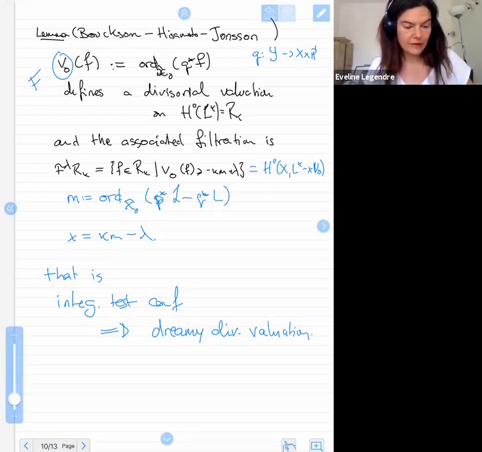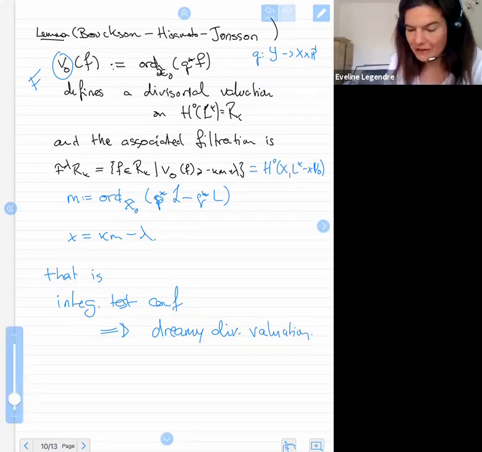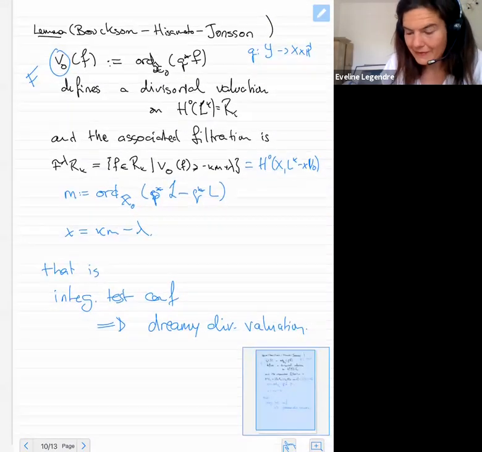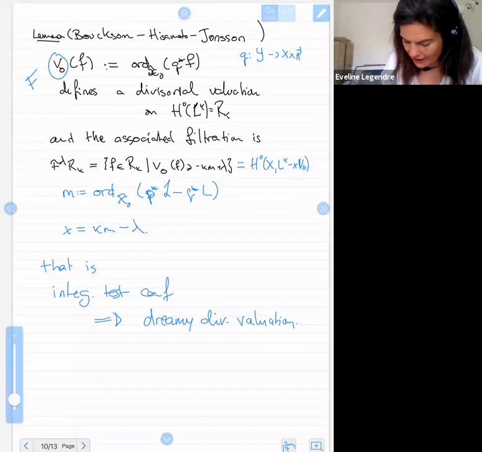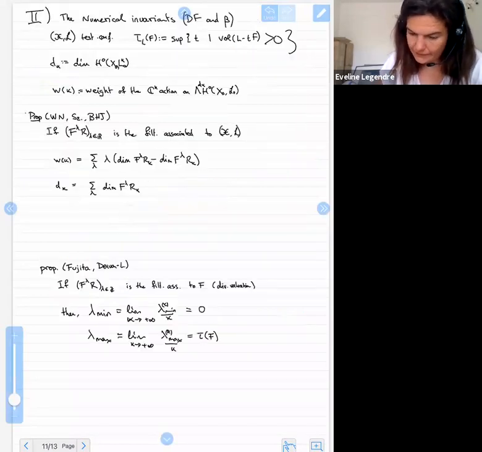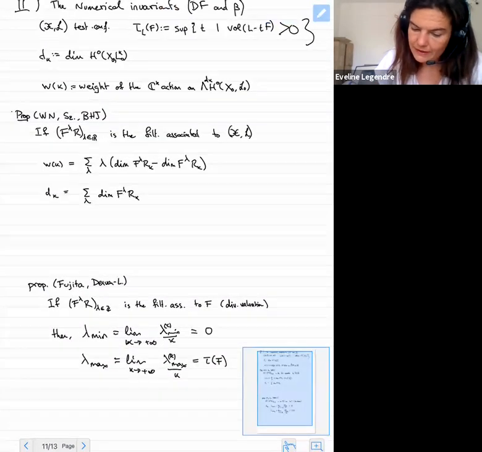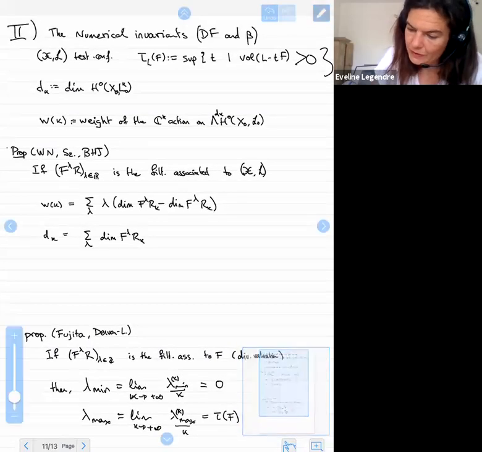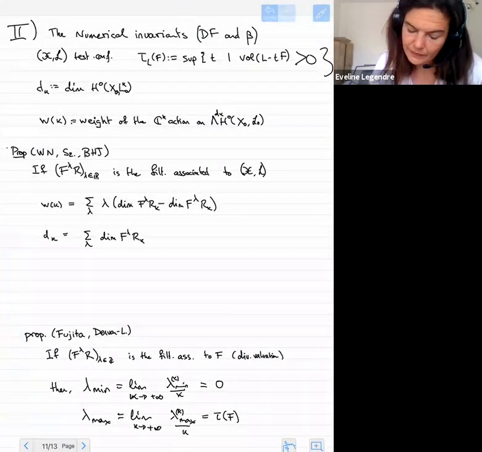Okay, so very good. So I think I will have time to talk about the numerical invariants. So what about the numerical invariants? Maybe some definition first.